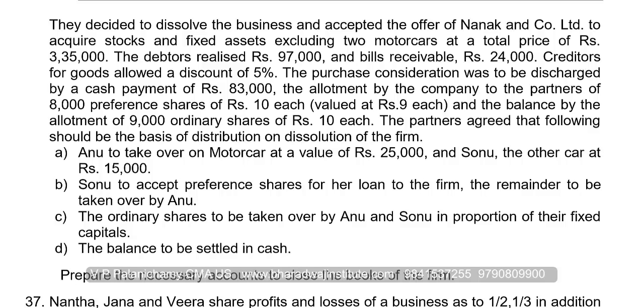Go through the purchase consideration part now. 3,35,000. Look at the purchase consideration given, 3,35,000. How is this paid? In the form of cash, 83,000.